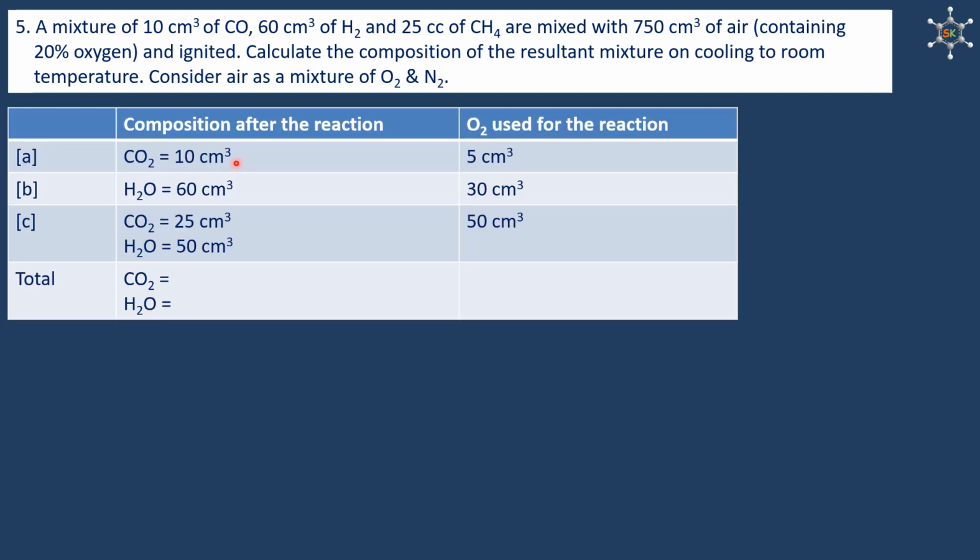From reaction A, we have 10 cm³ of carbon dioxide. From B, 60 cm³ of water vapor. From C, 25 cm³ of carbon dioxide and 50 cm³ of water vapor.